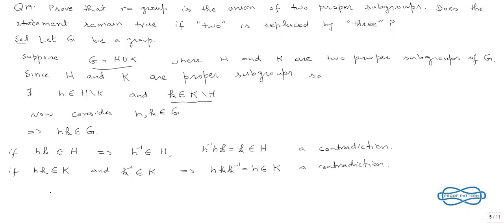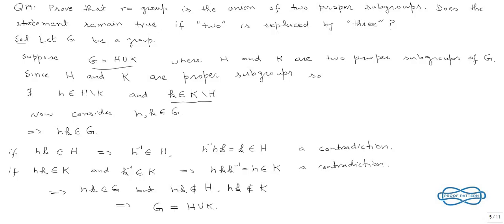This means hk belongs to G, but this hk does not belong to the subgroup H, and also this hk does not belong to the subgroup K, and this means G cannot be written as the union of two proper subgroups.